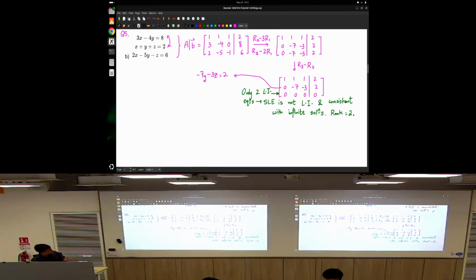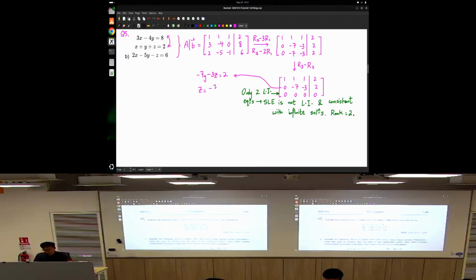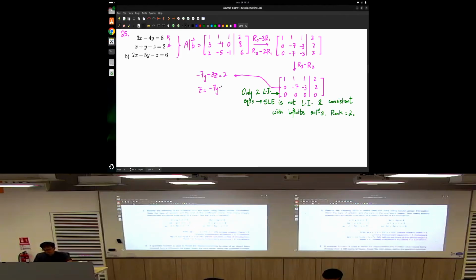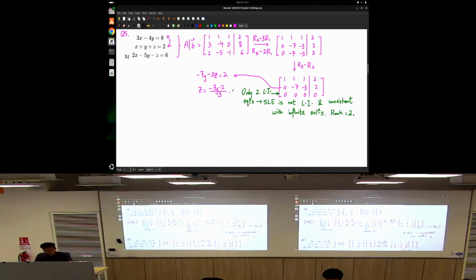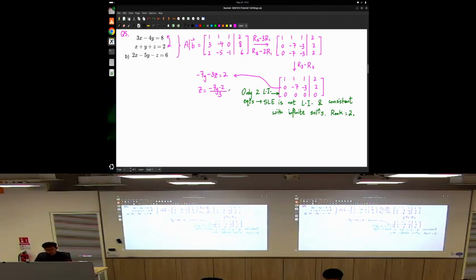So from here I can have z equals to, you'll be dividing by 3, so hence it will be minus 7y minus 2 divided by 3. So this will be one portion of the equation.